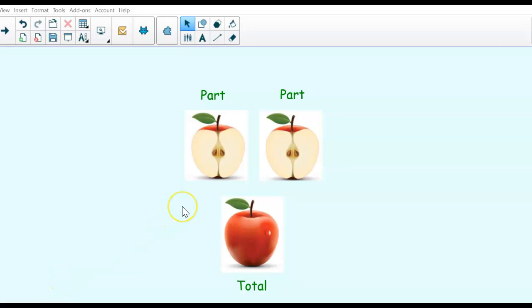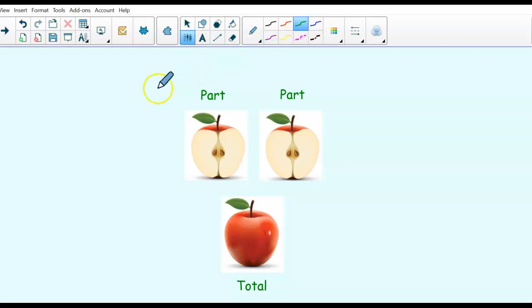But before we begin solving those problems, let's go back to something that we use when we're solving word problems. Do you remember this, boys and girls? It's the part total picture. Sometimes when we're solving word problems, the word problem will give us the total amount.